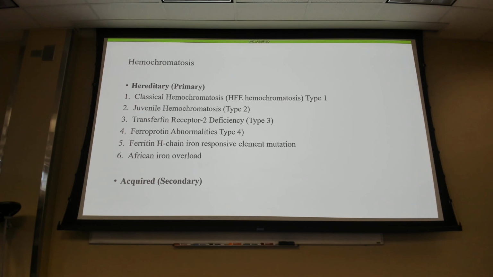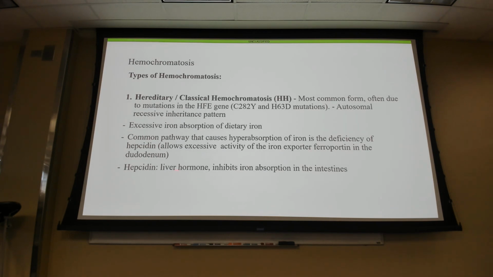So there are a bunch of different types. This first one is the one to be concerned with. Everything else in this lecture is about classic hemochromatosis. You have a bunch of other types out there. Classic, hereditary, the most common form, got it.